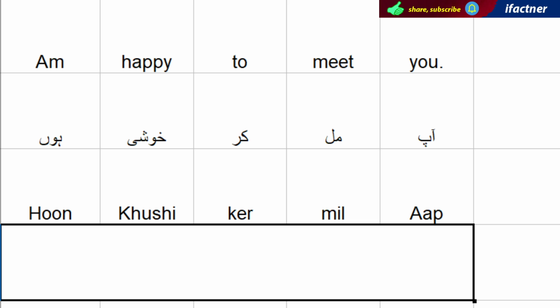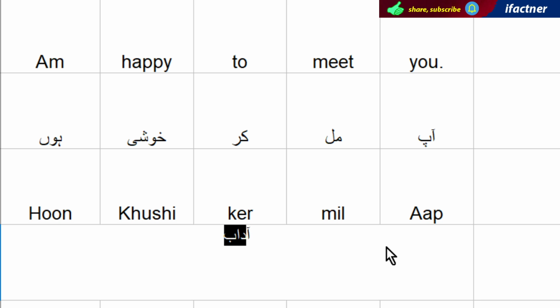So in Urdu we will say आप से, मिलकर, meem lam, mil, space and कर, kaf re, kar, खुशी, khe, wow, sheen, choti hai, खुशी हुई, he, wow and hamza choti hai, आपसे मिलकर खुशी हुई.